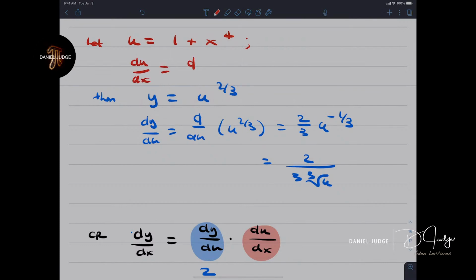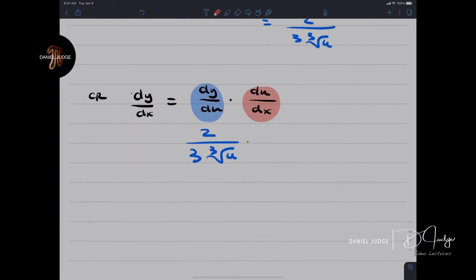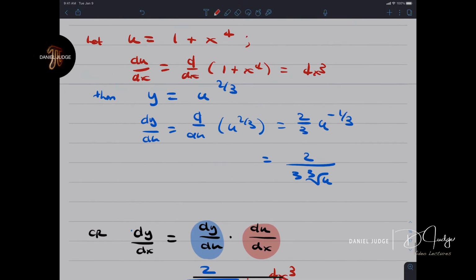du dx is d dx of 1 plus x to the 4th, which is 4x cubed. So this will be times 4x cubed. Don't forget, u here is 1 plus x to the 4th power.